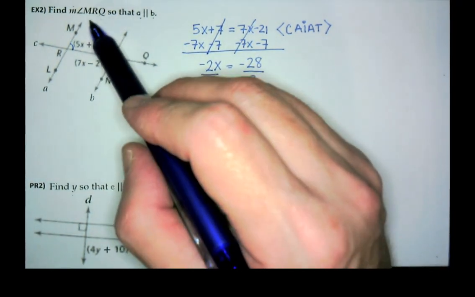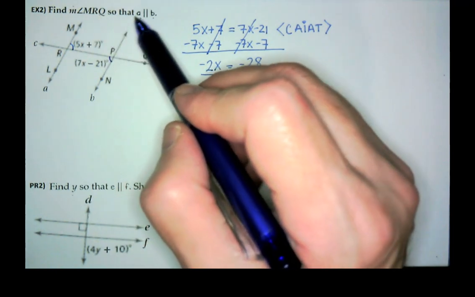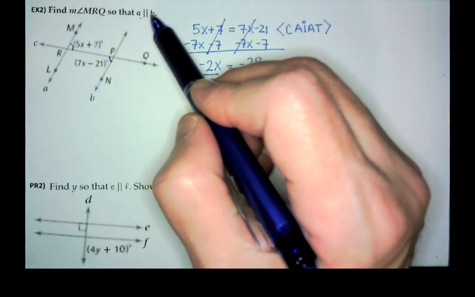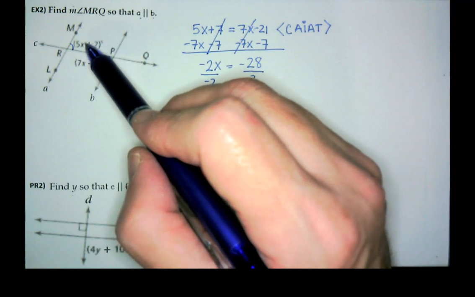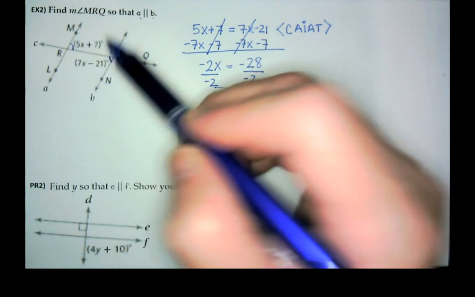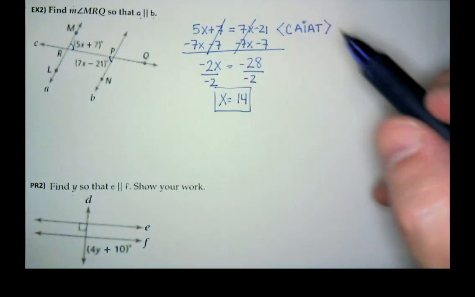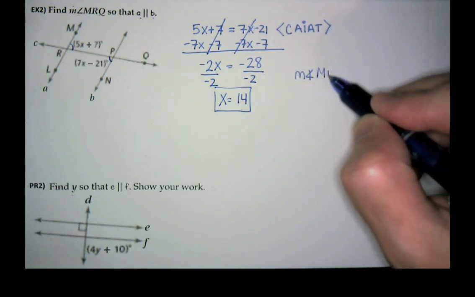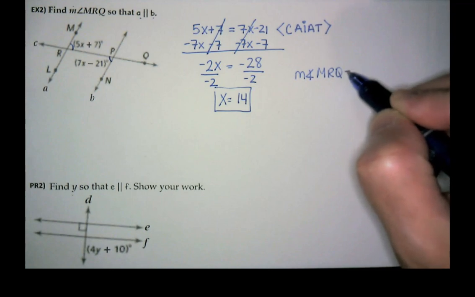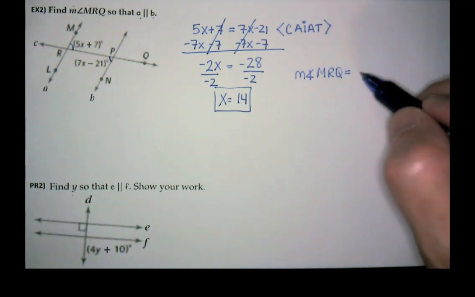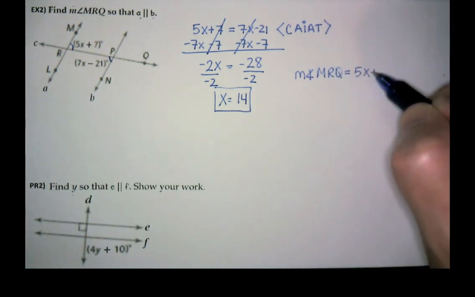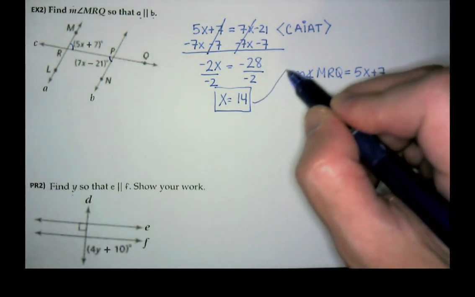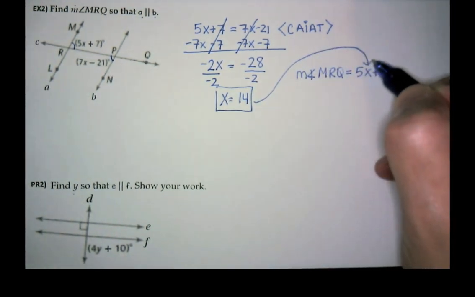Now, please be careful. The problem says find the angle MRQ so that A is parallel to B. So in other words, we're looking for MRQ. So basically this angle here. So the measure of angle MRQ will be 5x plus 7. I'm going to come over here and plug it in.